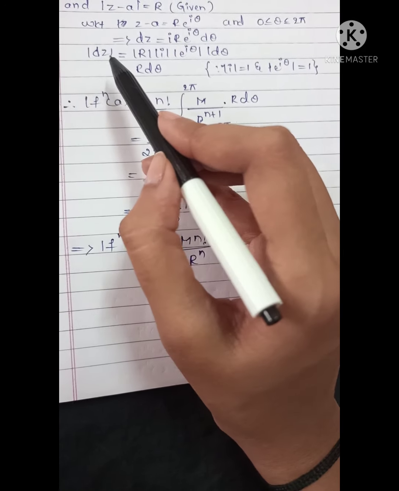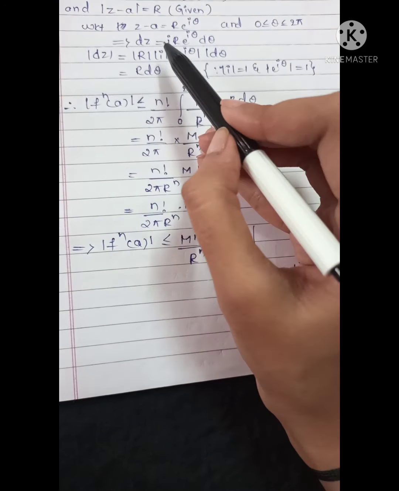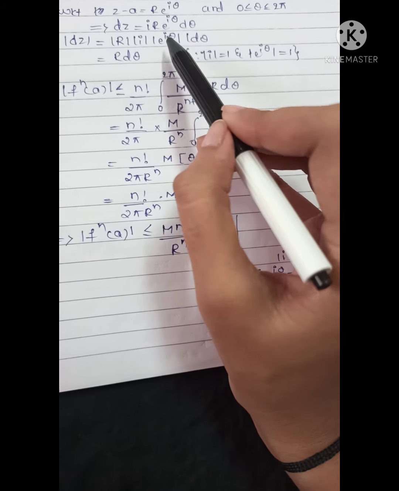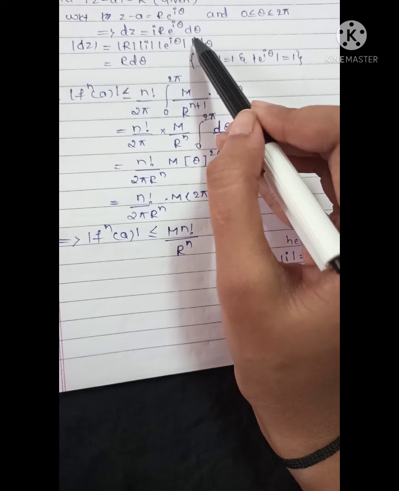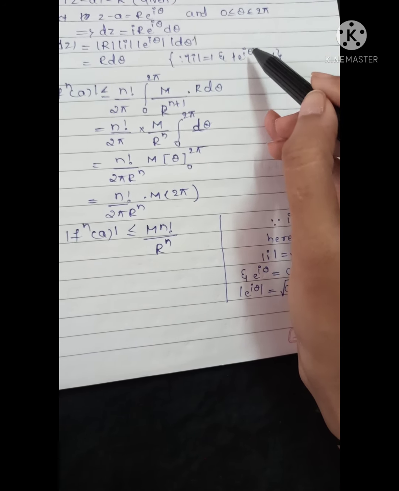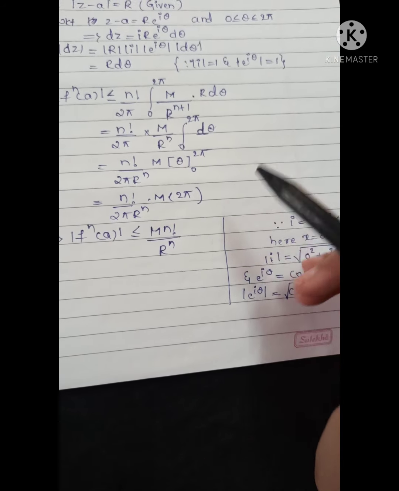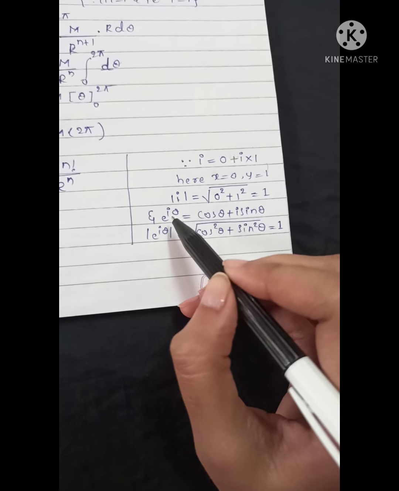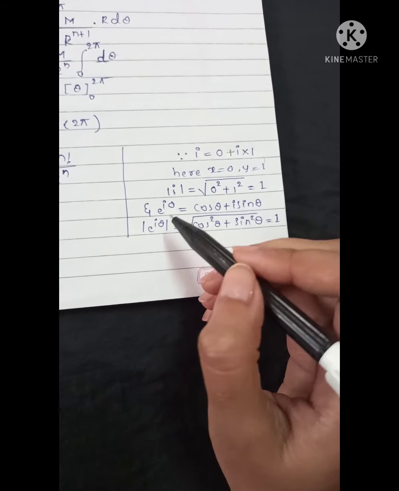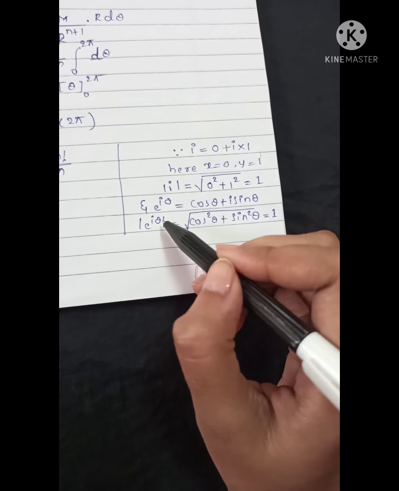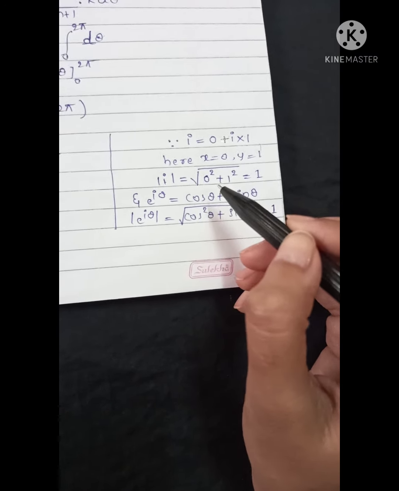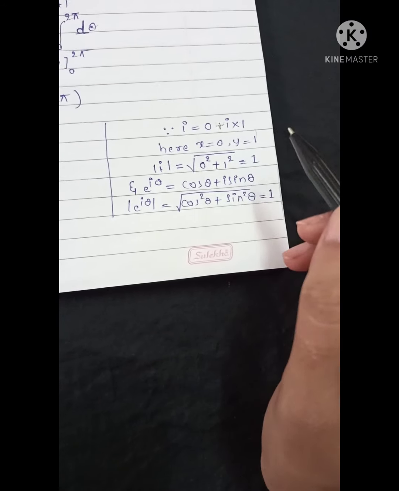Now the absolute value of dz becomes mod of i into mod r into mod of e to the power of i theta into mod of d theta. Here again mod of e to the power of i theta is 1 because Euler's equation is e to the power of i theta equal to cos theta plus i times sin theta, and the absolute value of e to the power of i theta is equal to the square root of the real part squared plus the imaginary part squared.